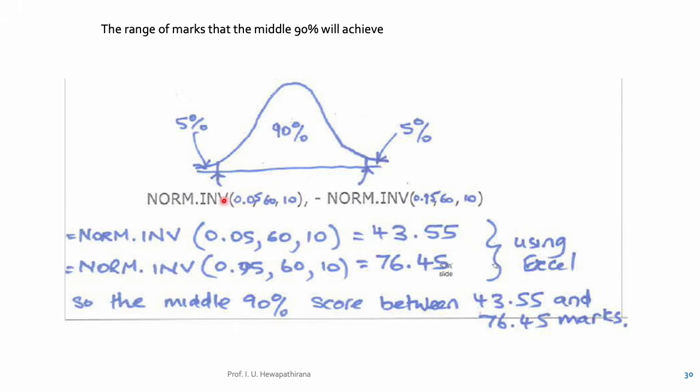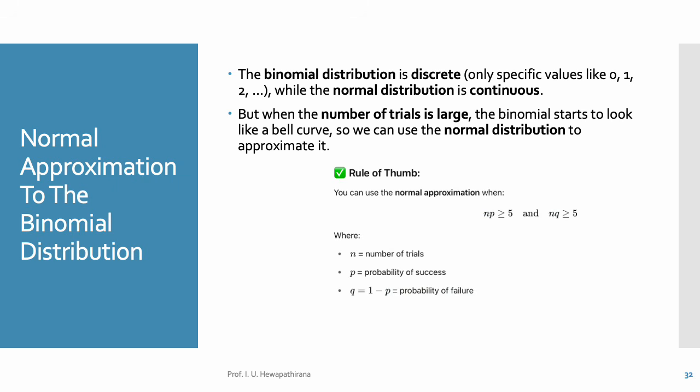So this value will be 43.55 and this value will be 76.45. So the middle 90% would score between 43.55 and 76.45 marks.